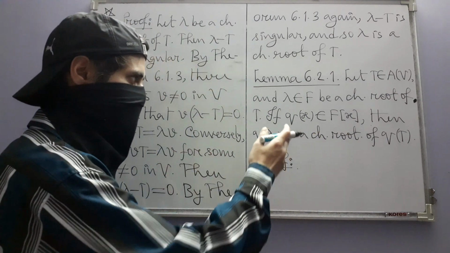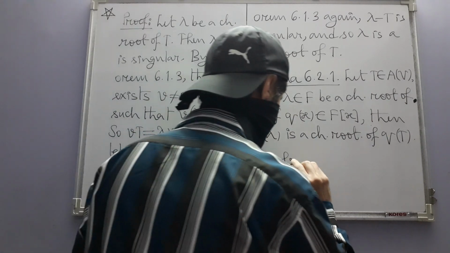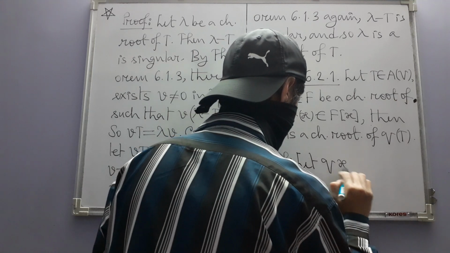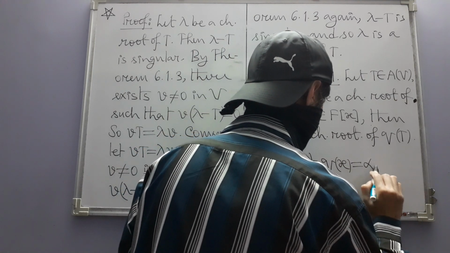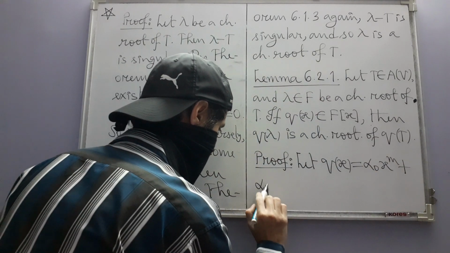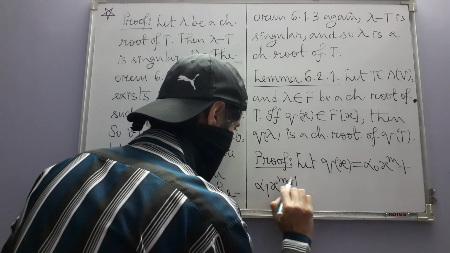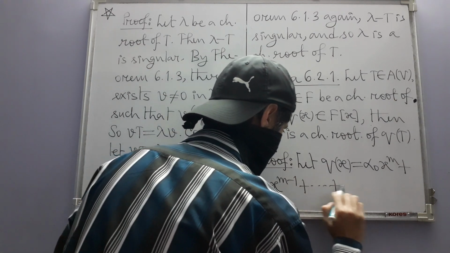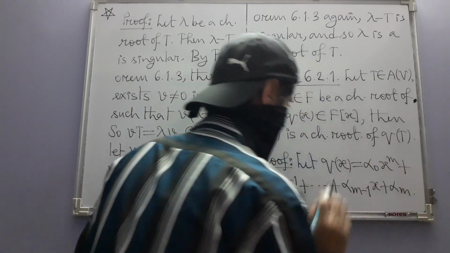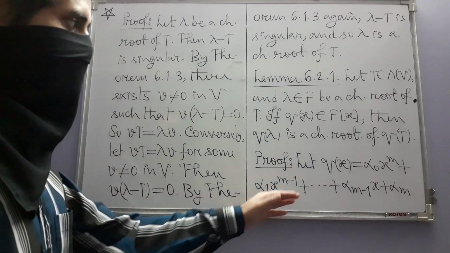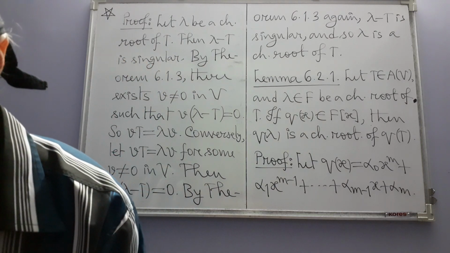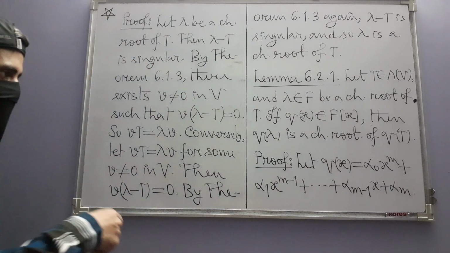Let us write the expression for this polynomial. Let q(x) be alpha naught x to the power m plus alpha 1 x to the power m minus 1 and so on, alpha m minus 1 x plus alpha m, which means that these alpha i's are of course coming from F. Alright.